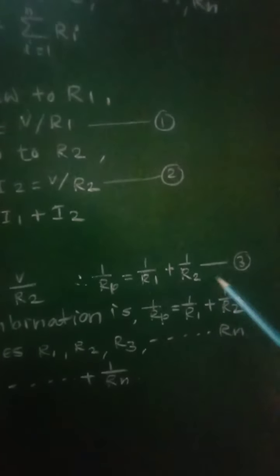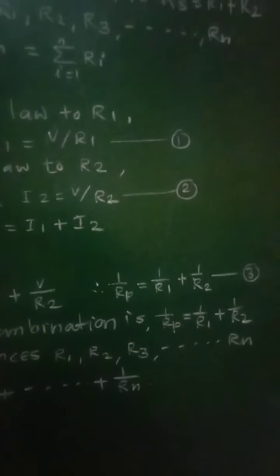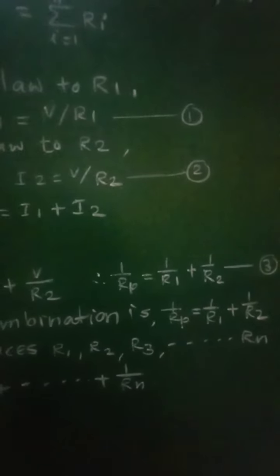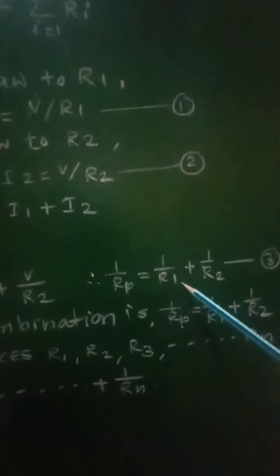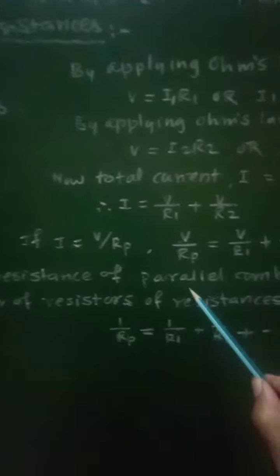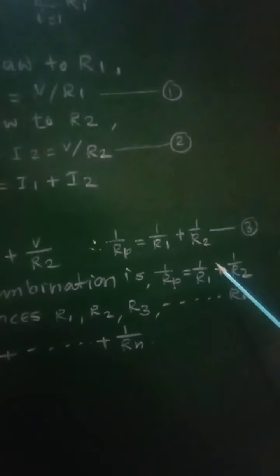Now this equation number 3 gives the equivalent resistance of parallel combination of the resistors. So from this relation, the equivalent resistance of parallel combination is 1 upon Rp equal to 1 upon R1 plus 1 upon R2.